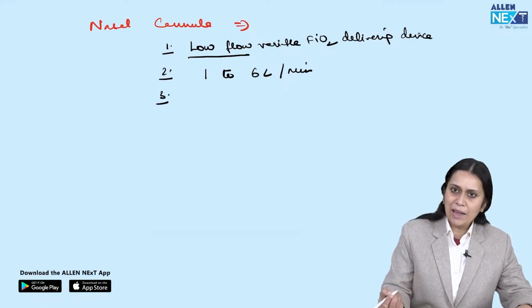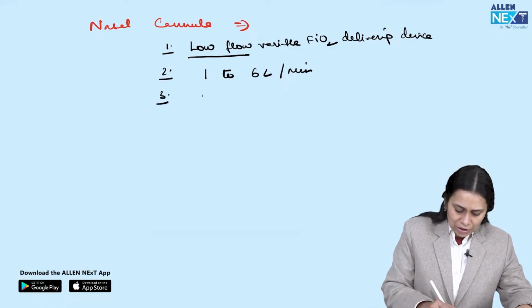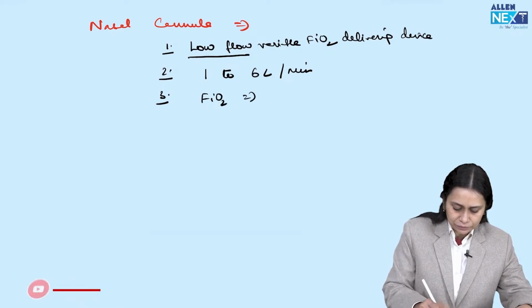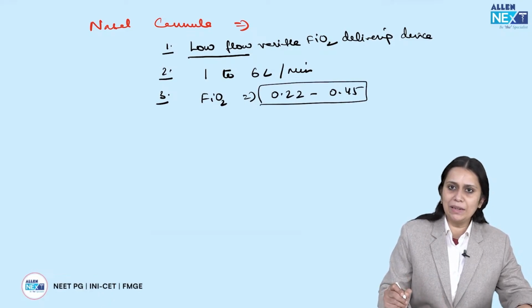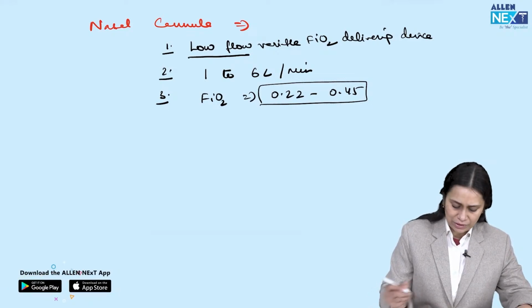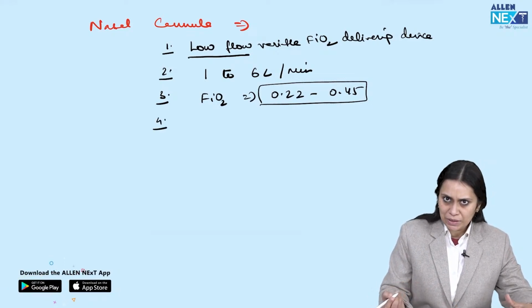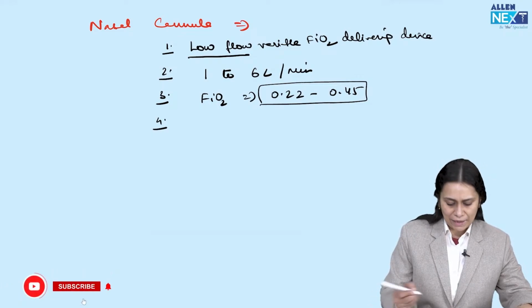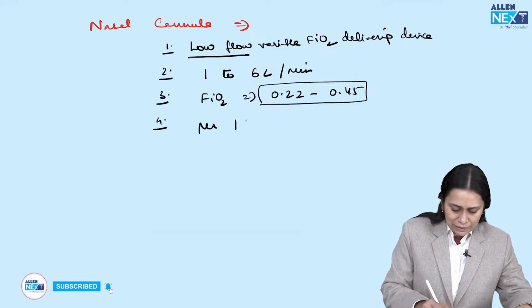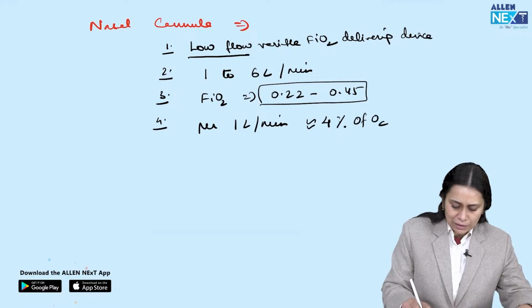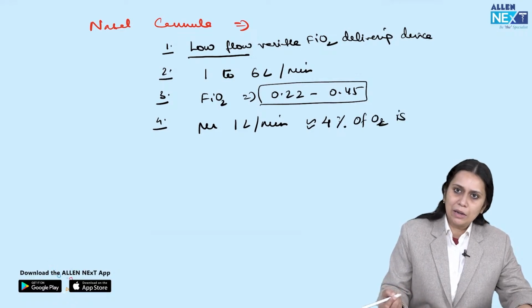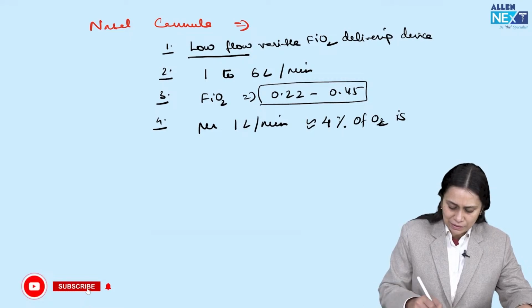So what is the FiO2 which it achieves? It achieves FiO2 between 0.22 to 0.45. So this is the kind of FiO2 which is achieved by nasal cannula. How is this FiO2 achieved? What is predicted when we are giving oxygen through nasal cannula? Per 1 liter per minute of flow, approximately 4% of oxygen is increased over room air.